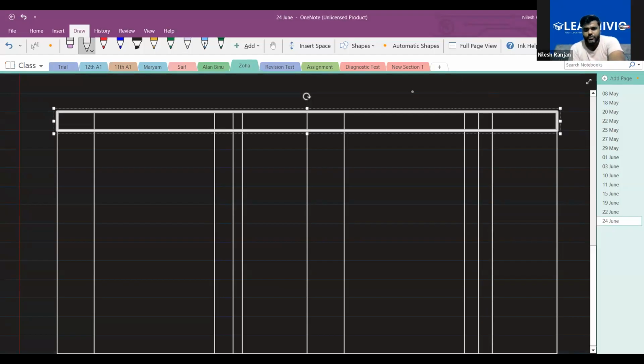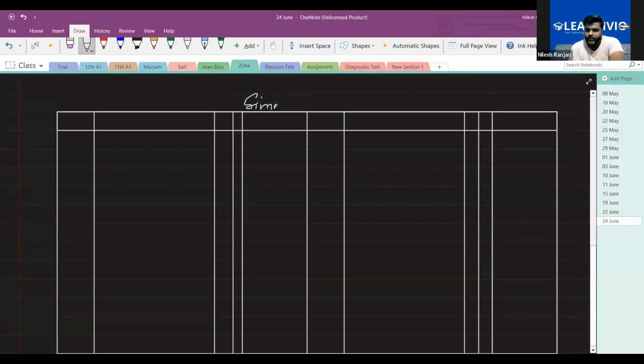Okay, so this is our simple cash book or single column cash book. The first is date, then particulars, invoice number, LF, amount, date, particulars.